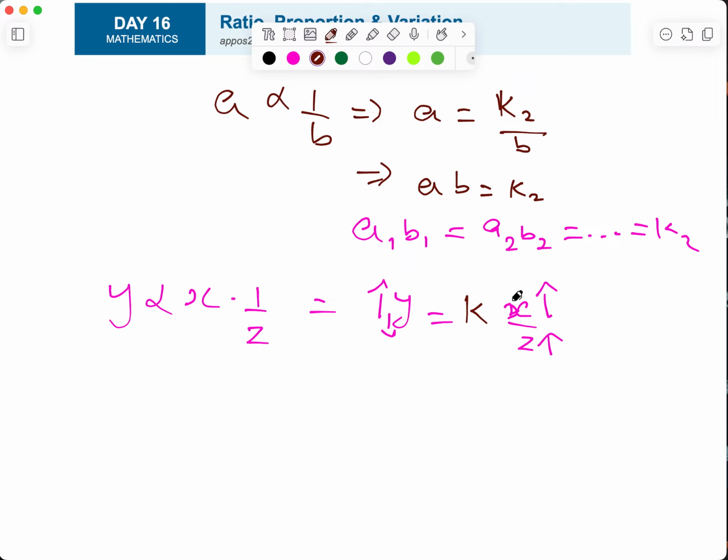But if z is the one that increases greatly, even though x is also increasing, then y overall will actually decrease. So z is inverse, x is direct, but we have the two things together at once, and that is what we call joint variation.